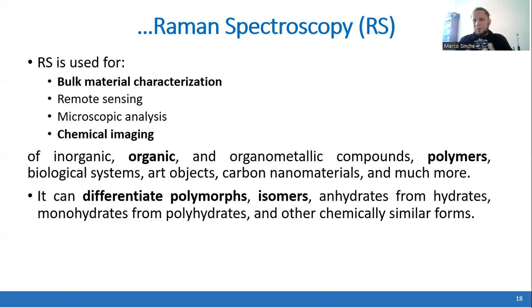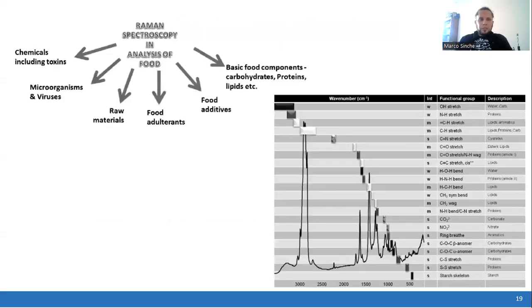So in foods, it will be useful in order to allow only one of them to be present in the product. It could also be used for detecting food adulterants, food additives, to determine the basic components of foods, meaning the carbohydrates, proteins, and lipids. It's also useful to determine the presence of microorganisms or viruses, and also for detecting other risks such as toxins.